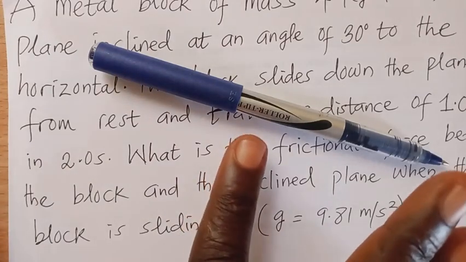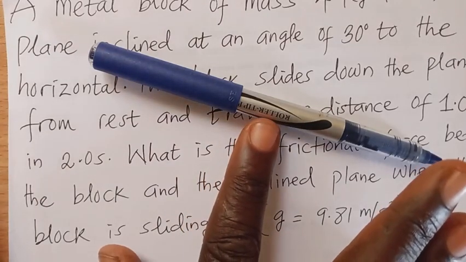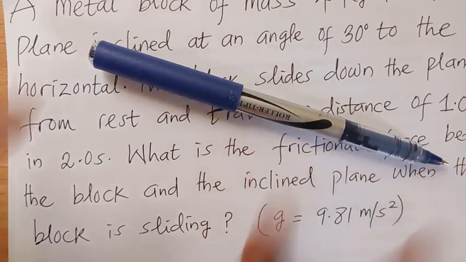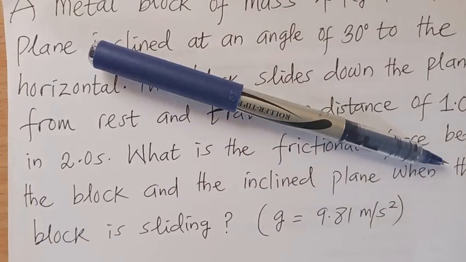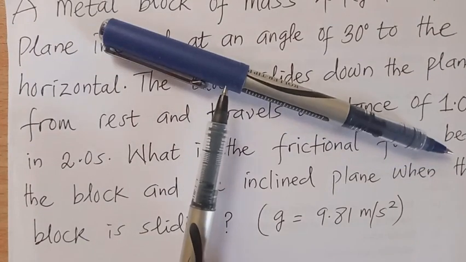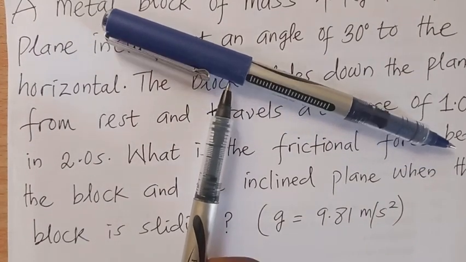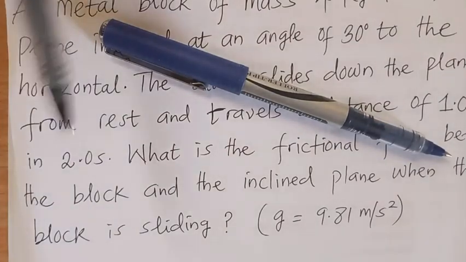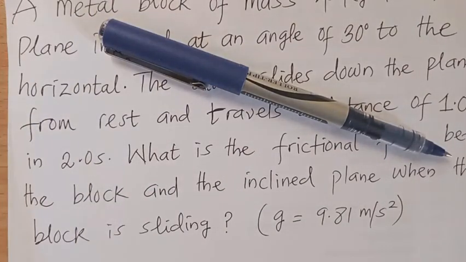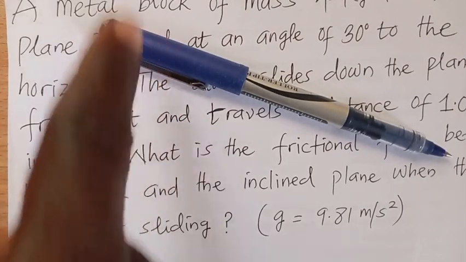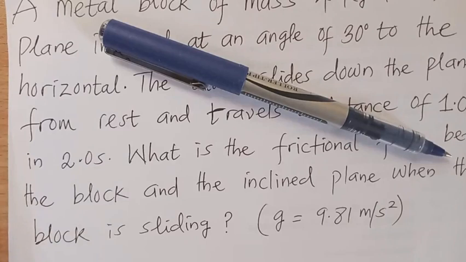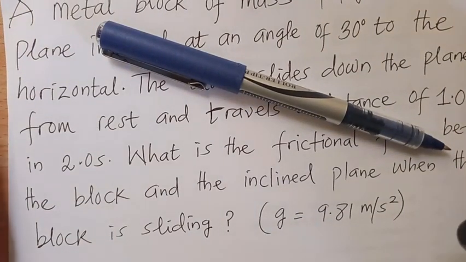But when I begin to push it, frictional force will exist in the opposite direction, trying to oppose the motion, and I must overcome this frictional force before it begins to move. That frictional force, we call it static or limiting frictional force.